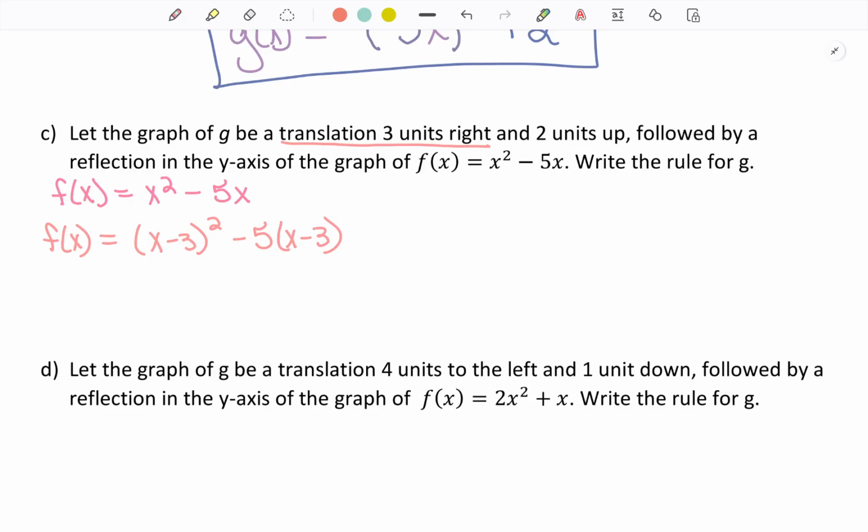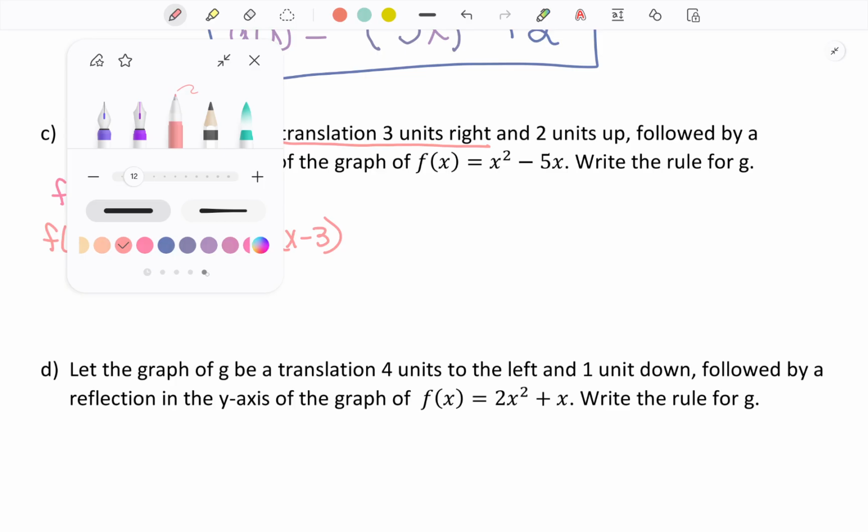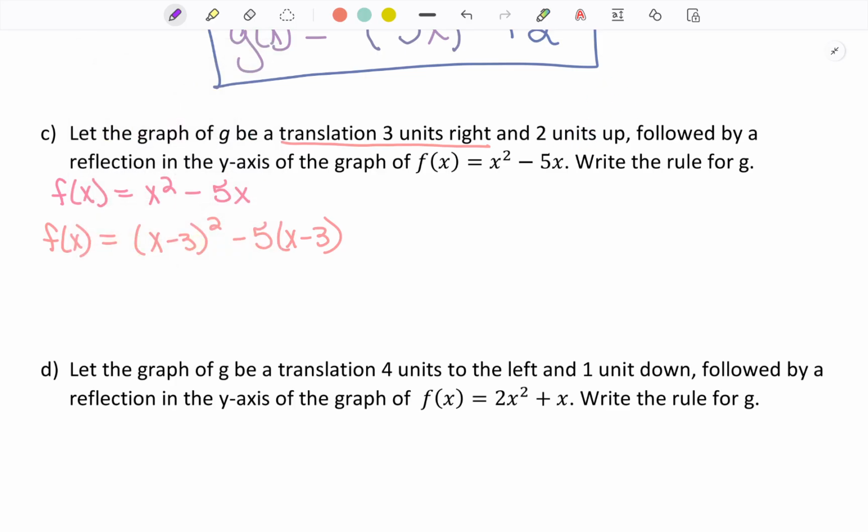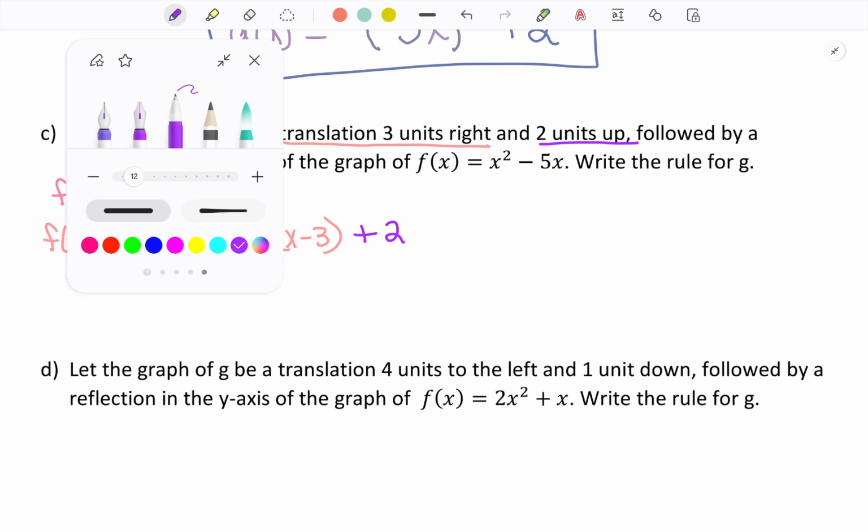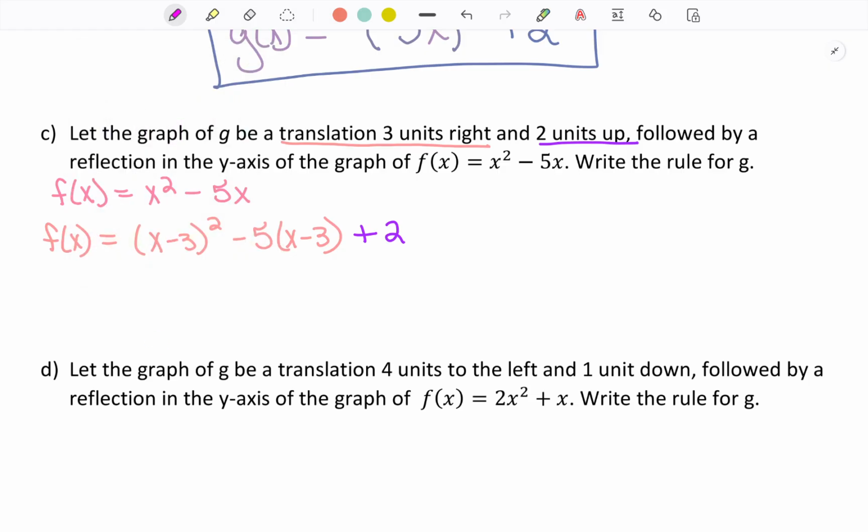And then we are going to be going 2 units up. So we have a plus 2. So then after that, we are going to have a reflection in the y-axis.